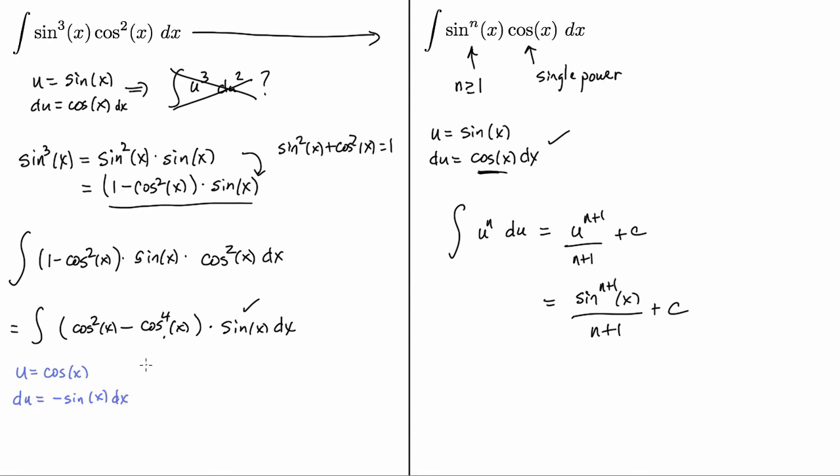And so you can see if we make those substitutions into the integral above, it changes the integral into u squared minus u to the 4th times, and I replace sine x dx with minus du. So this minus sign is going to flip these, so it's the integral of u to the 4th minus u squared, which should be easily integrated.